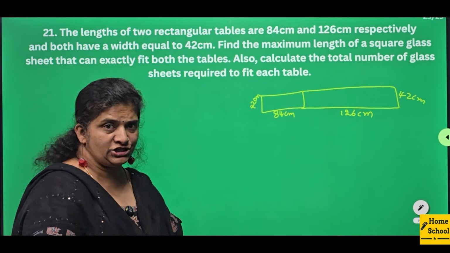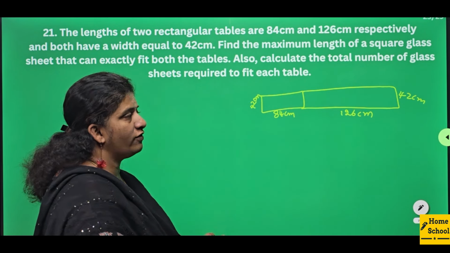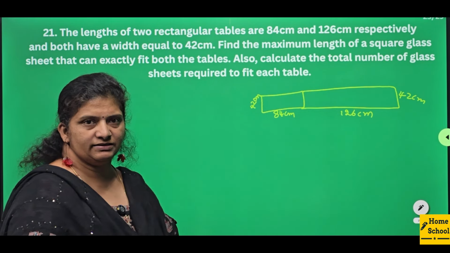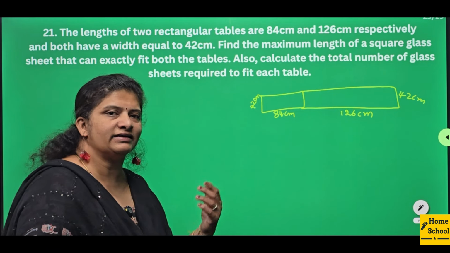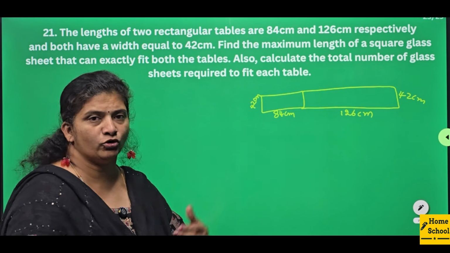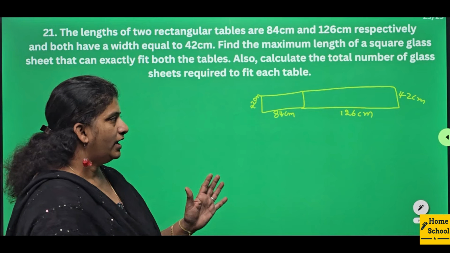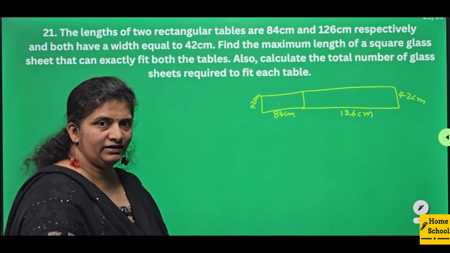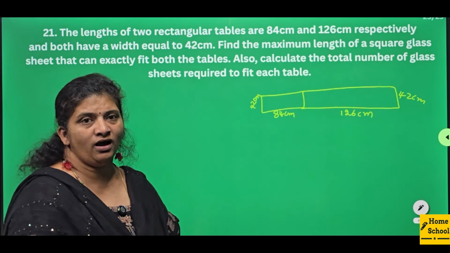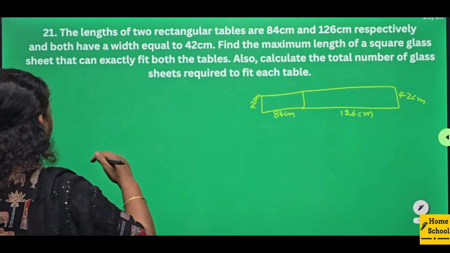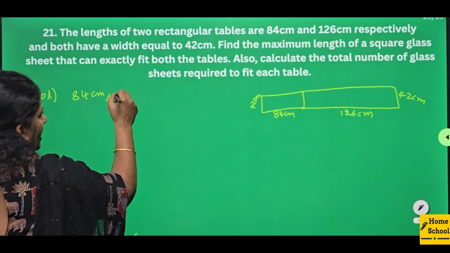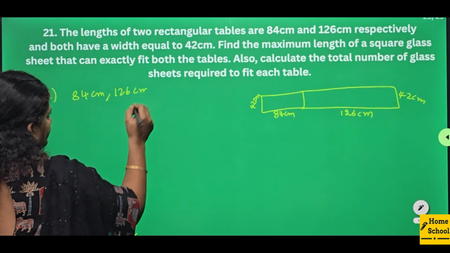The first question is the maximum length of a square glass sheet that can fit both the tables. And by the way, how many glass sheets are needed to fit both the tables? In order to find the square glass sheet, first we need to find the HCF of both the tables' lengths, 84 centimeters and 126 centimeters.